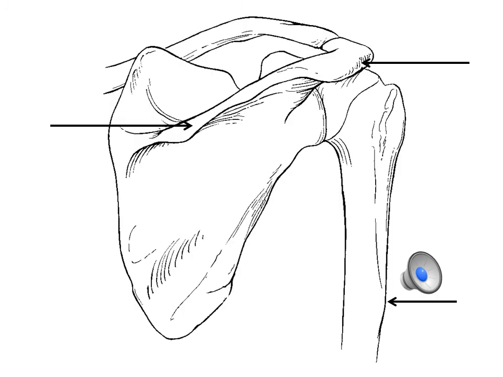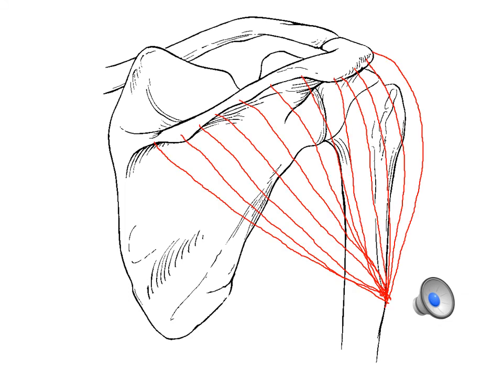Now take this opportunity to draw in the muscle attachments and the muscle belly fiber orientation of the posterior fibers of the deltoid. How does your drawing compare? Now try to picture the different axes of the joint and how the posterior deltoid will produce each movement.